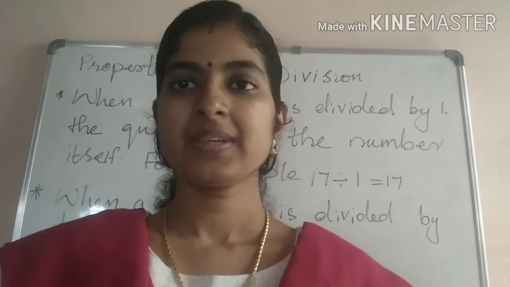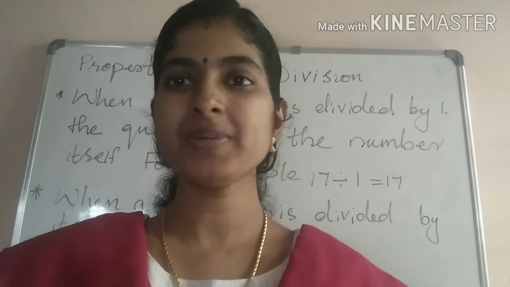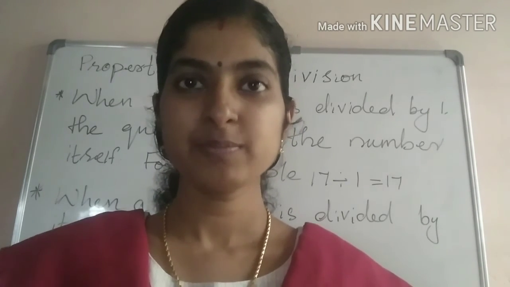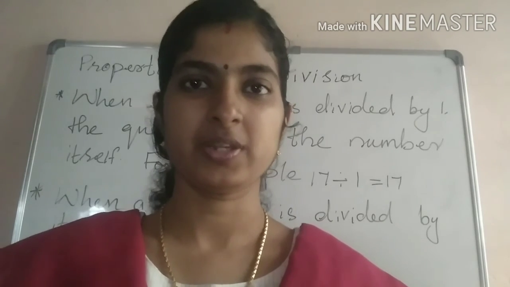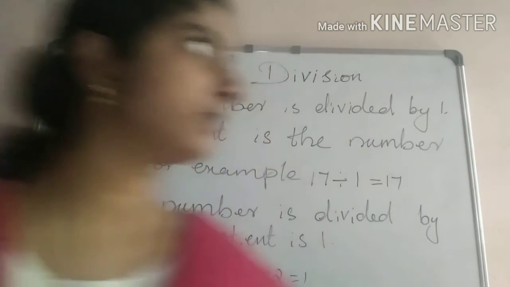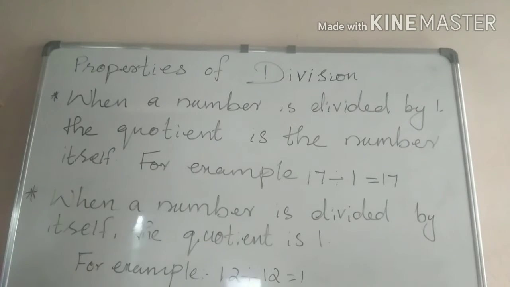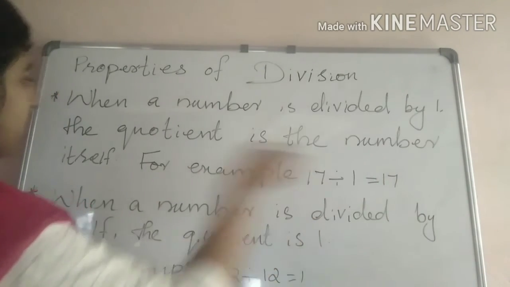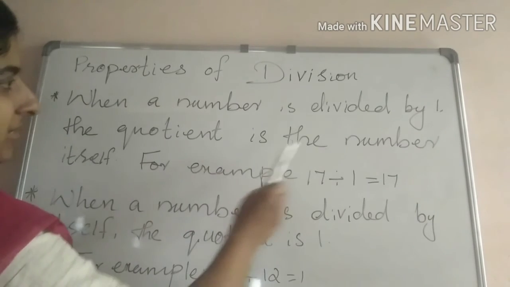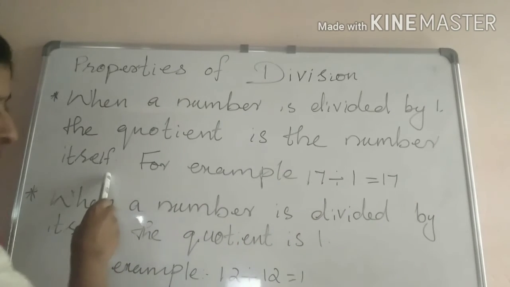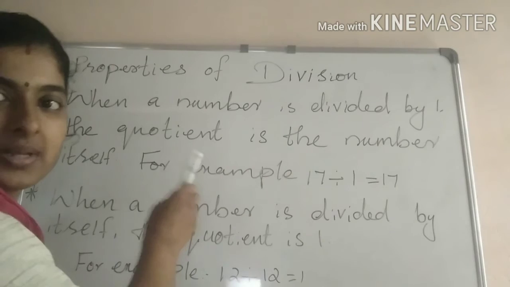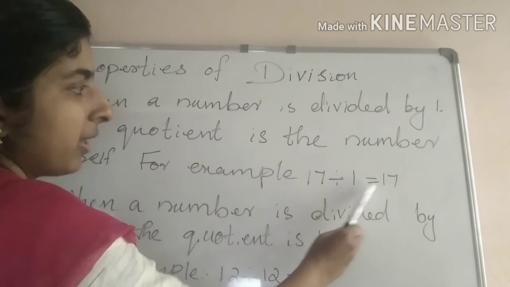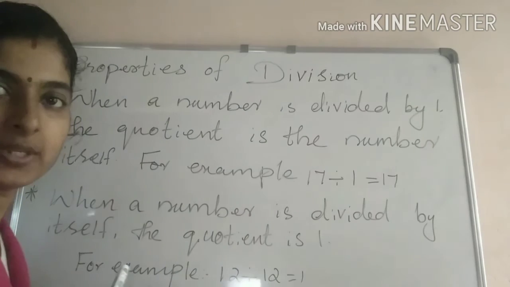Okay. Then, next topic is properties of division. See the properties. When a number is divided by 1, the quotient is the number itself. For example, 17 divided by 1, answer is 17.